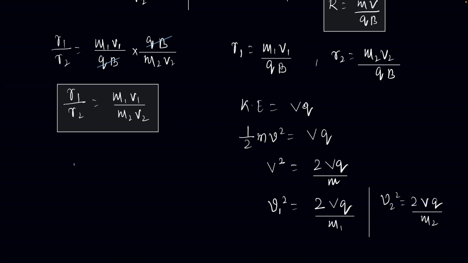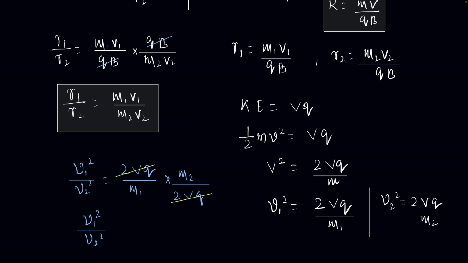So v1 by v2, if we take the square, is equal to 2Vq by m1 into m2 by 2Vq. This potential and charge we can cancel because they are the same. So v1 square by v2 square is equal to m2 by m1.